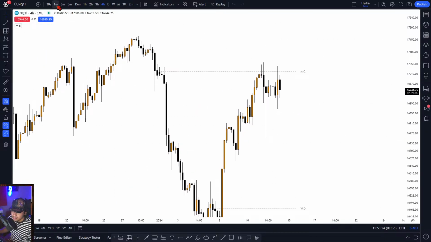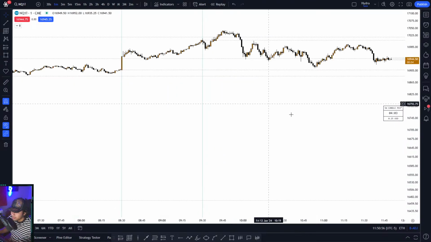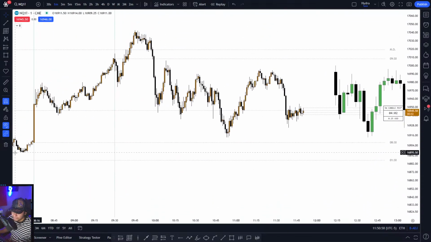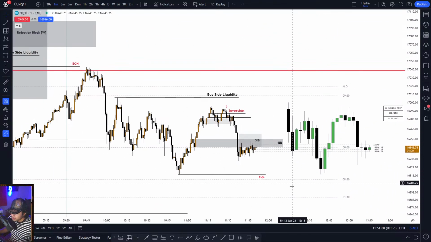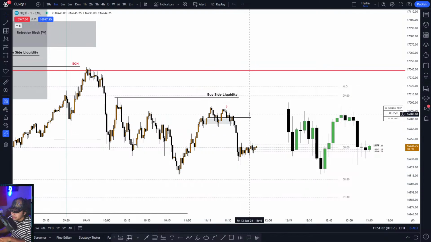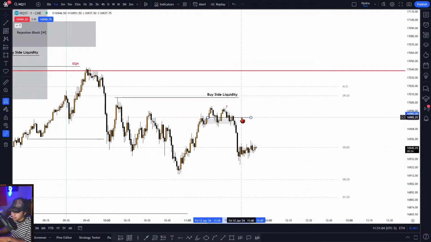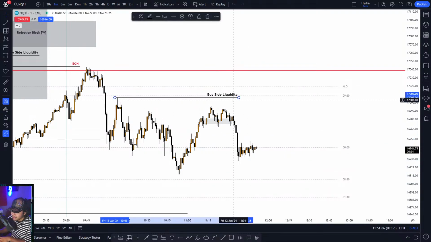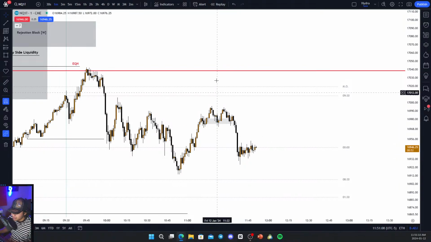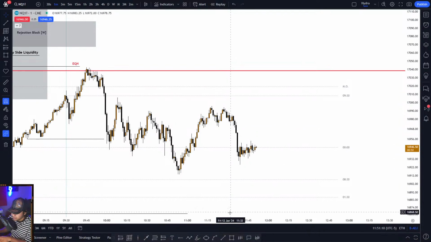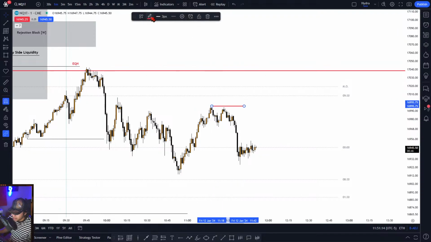Okay, first let's mark out where price failed. That way it will be easier for us. I'm just going to delete the things here, and we want to see why this SMT became high probability. That's what I'm trying to do right here.